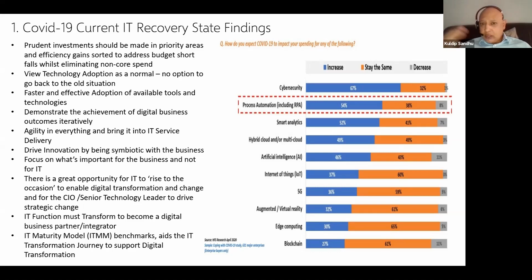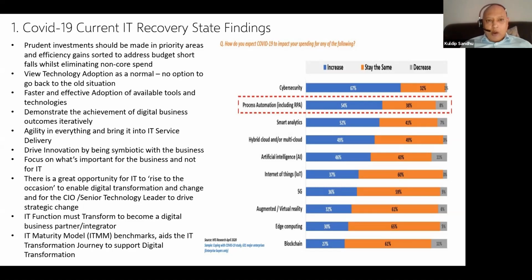As you can see, cybersecurity, RPA, smart analytics, multi-cloud strategy, AI, and some of the innovation things around 5G and IoT are going to have increased spend, and there's going to be some reduction in spend elsewhere. And I think CFOs and CEOs are going to demand more for less from technology.